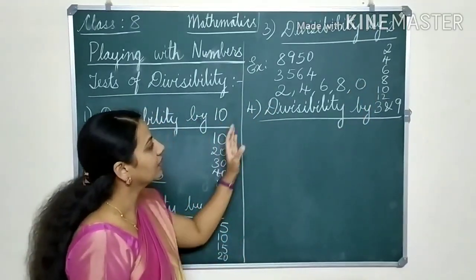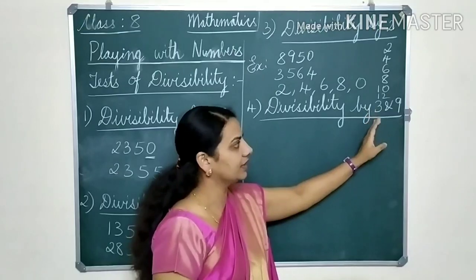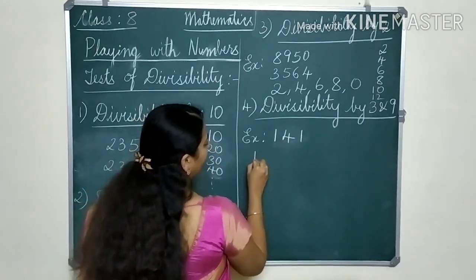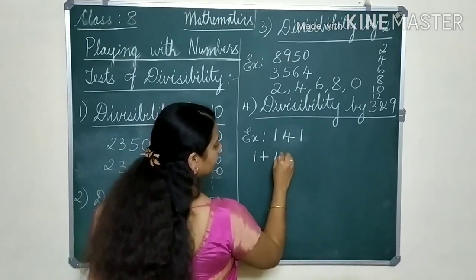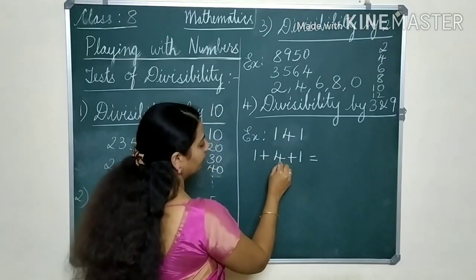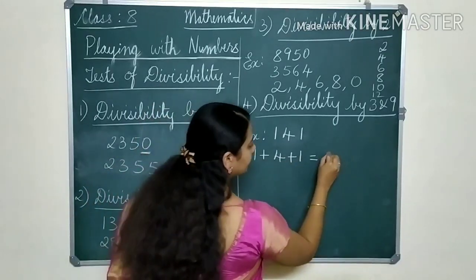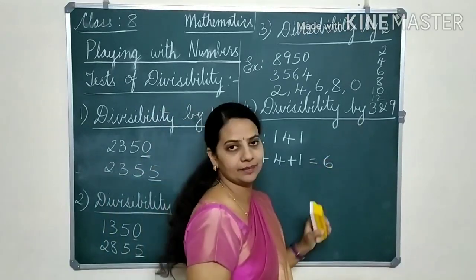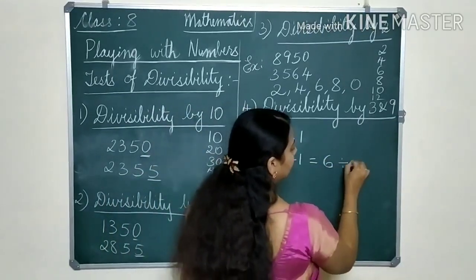Fine. Now coming to divisibility by 3 and 9. 141. Here you have to add the digits. Now 1 plus 4, 5, 5 plus 1, 6. And now check whether this sum is divisible by 3. Yes, of course it is divisible by 3.